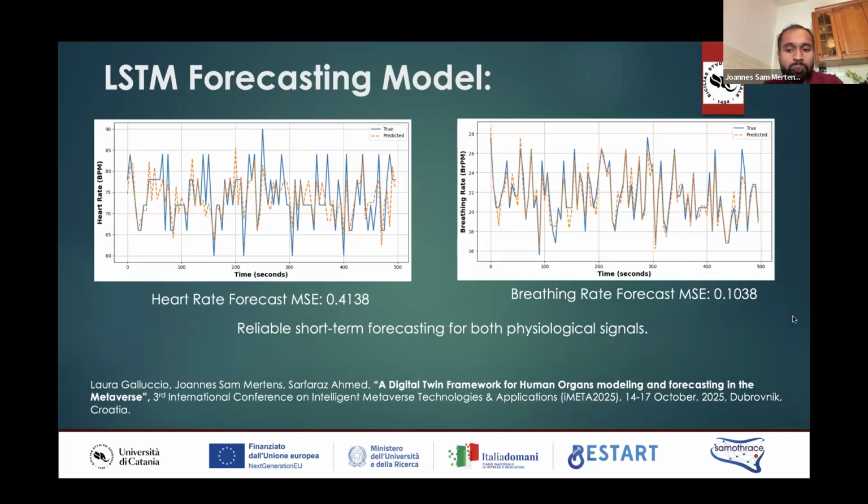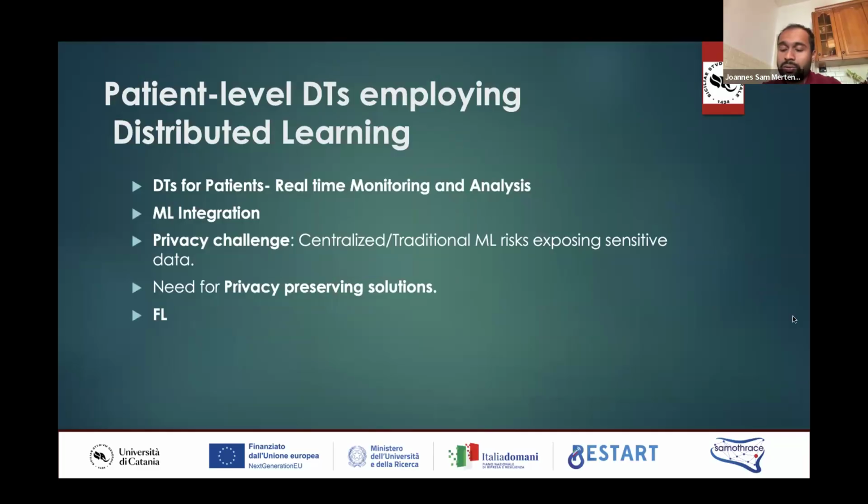And this work was recently presented at the conference on intelligent metaverse technology and applications that was held in Croatia last month. And moving to the next topic, so far we saw the organ level digital twins, meaning that we had digital twins for each organ.